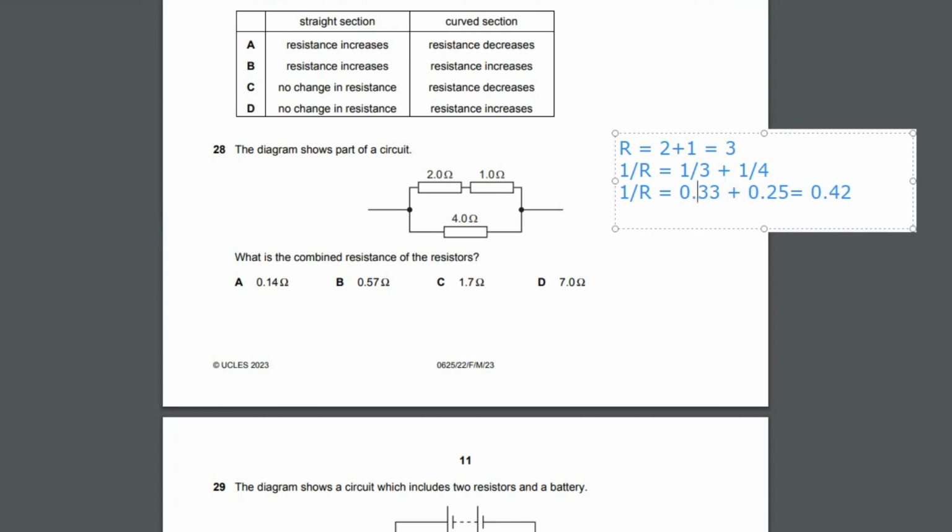Let's say it is 0.33 plus 0.25, so about 0.59. So R will be equal to 1 divided by 0.59, or 0.6. So it will be 1.666, which is recurring. So we just say it is about 1.7, which is C.